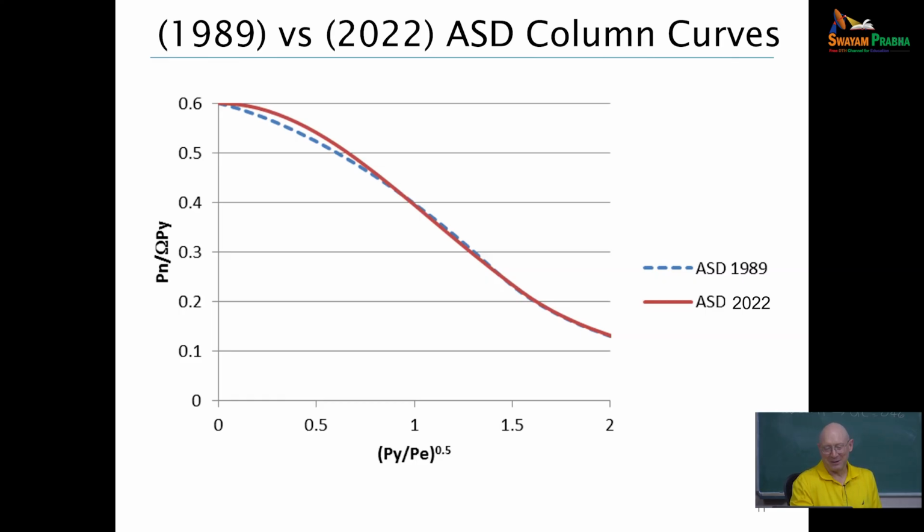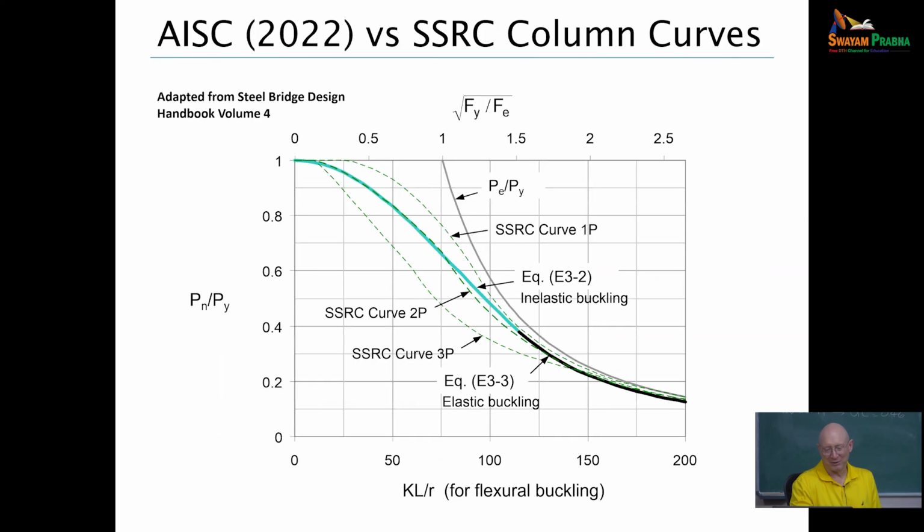With some of Dr. Beedle's work, I'll show you some things here. So this is the SSRC column curves. And the AISC curve that I just showed you is the cayenne and then to black when we've got the elastic buckling. And so the AISC curve basically is reasonably close to curve 2P of the SSRC multiple column curves that were developed.